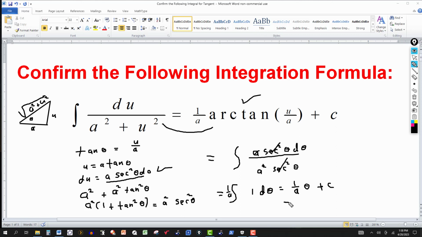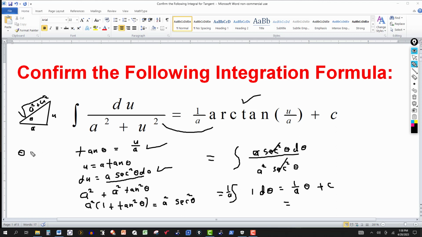And then we continue here. We want theta. We have tangent theta right here is equal to u over a. So if I take the tangent inverse of both sides here, or arctangent, it's the same thing. Sometimes you see it written arctangent, and sometimes they'll say tangent inverse with a -1 here. Same thing.